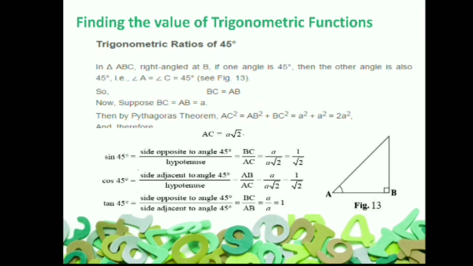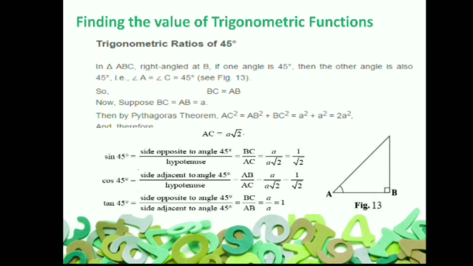Then by the Pythagoras theorem we can find out AC. AC square is equal to AB square plus BC square. So we put the value of AB and BC. It is a square plus a square, that's why we get 2a square, and AC is equal to a under root 2. Got it?